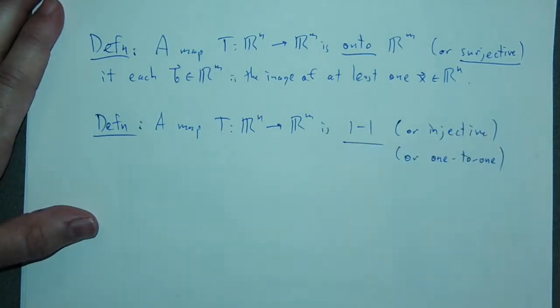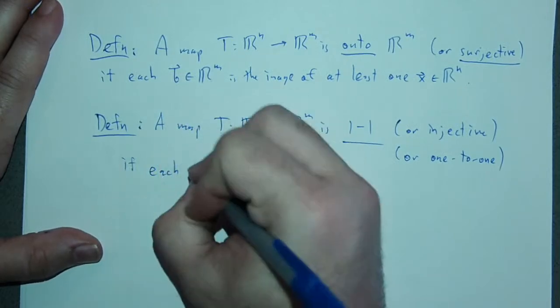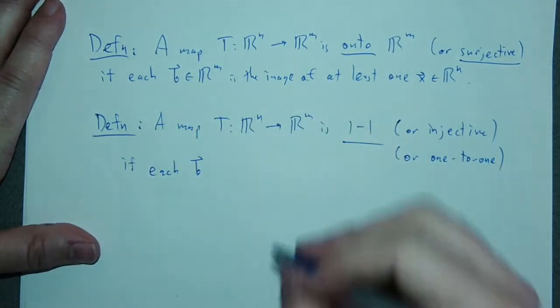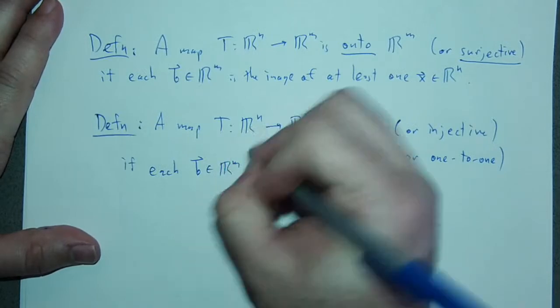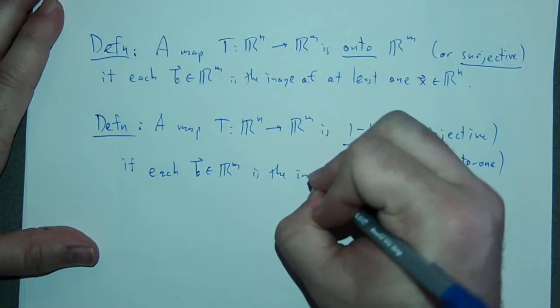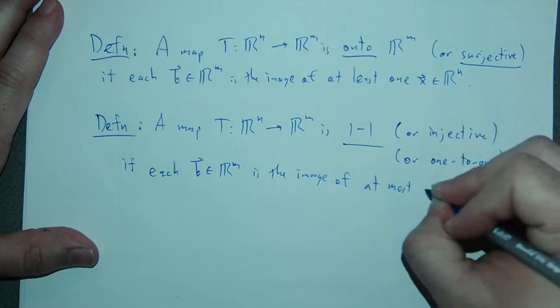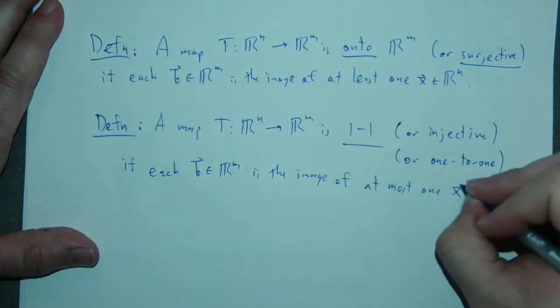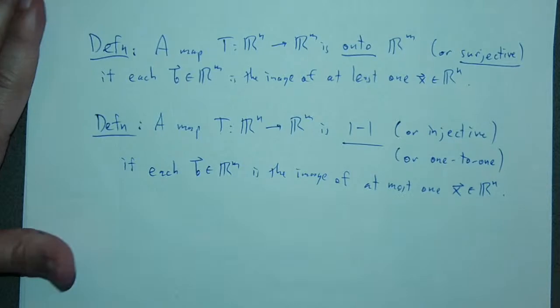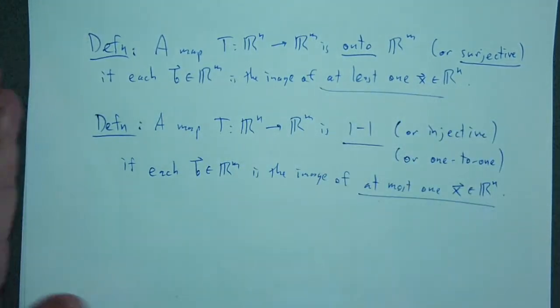So it is one-to-one or injective if each b in Rm is the image of at most one x in Rn. So here it's the image of at least one. Here it's the image of at most one. Those are the two definitions.